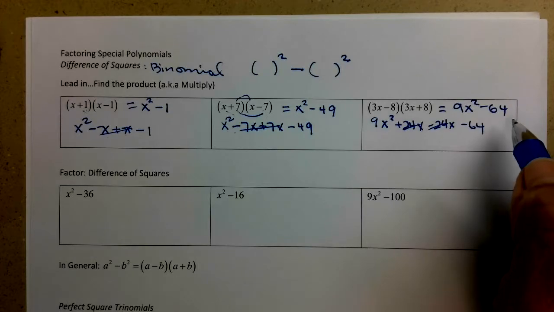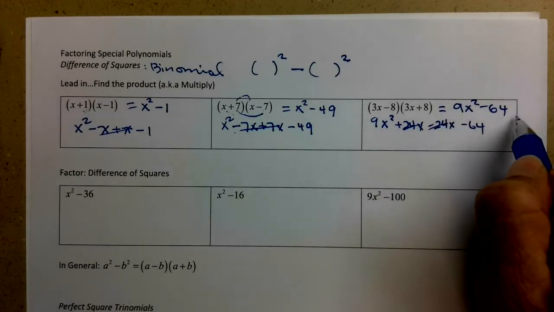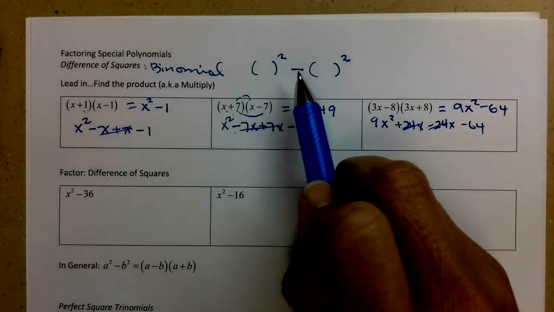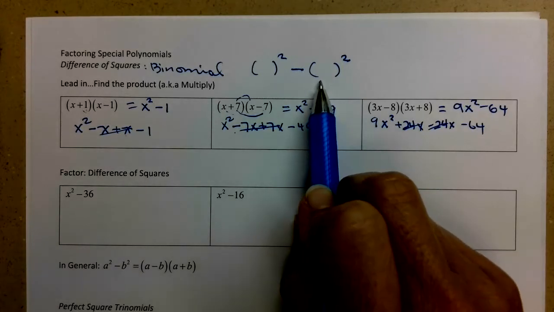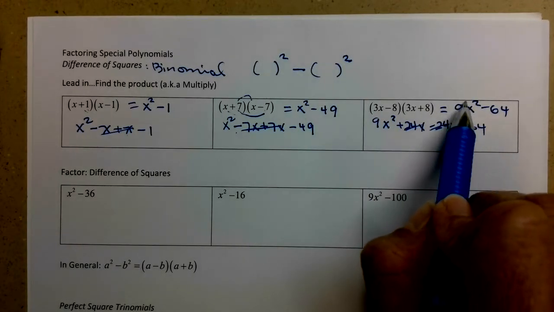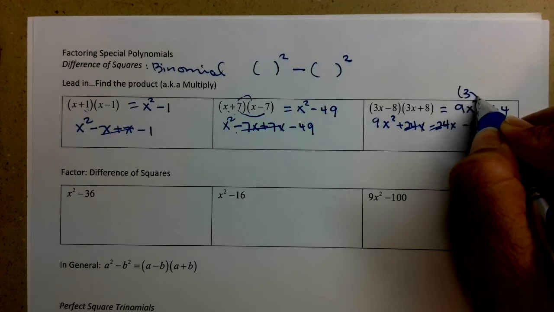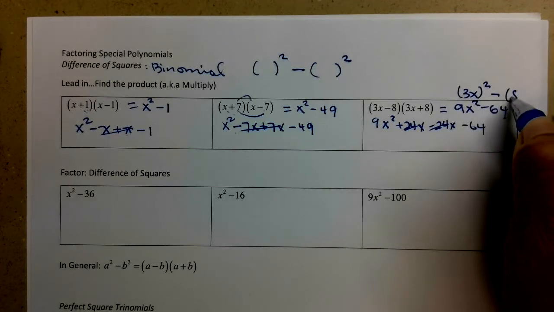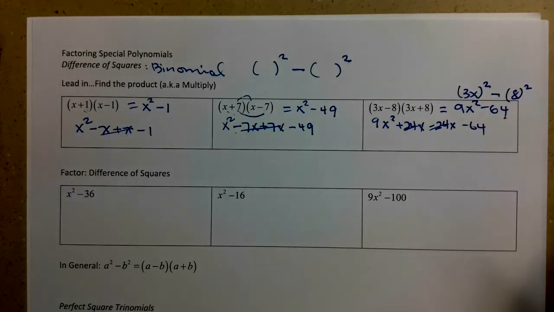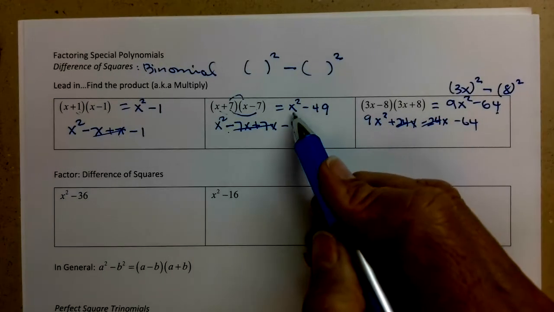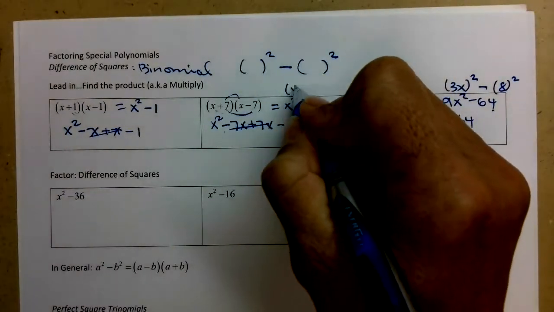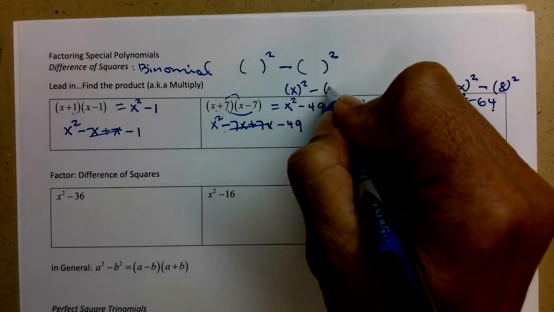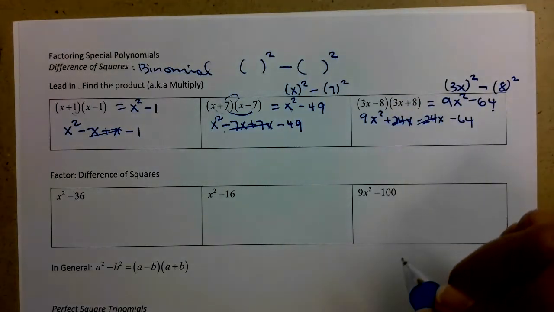So notice my products on all of these have that special form for the difference of squares, right? This first term here is 3x quantity squared, minus that last term is 8 squared. And this one here was just an x squared minus a 7 squared.